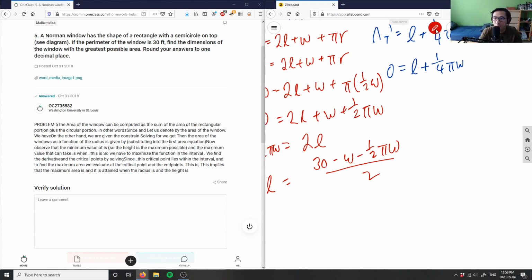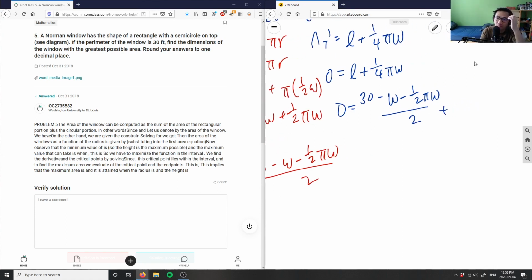So this would probably be a thinking question in terms of grade 12. So this here equals 0. This is length, which is 30 minus w minus half pi w all over 2 plus 1/4 pi w, right? What I can do is I can multiply both sides by 2. So this here is still 0. I get 30 minus w minus half pi w.